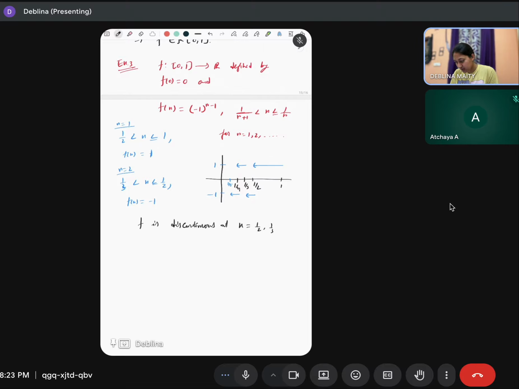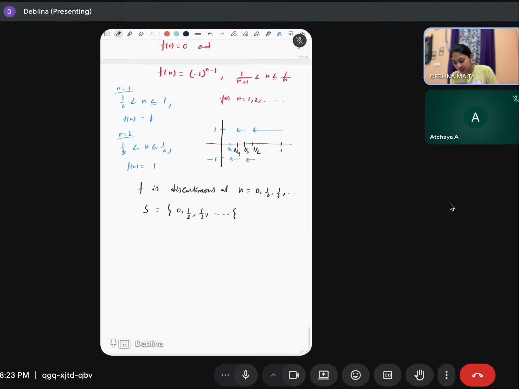So 0, half, 1/3, and so on, right? So let S be this set. So this set is the set of discontinuous points of f, right?